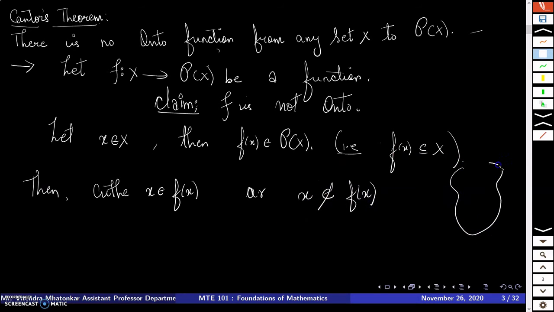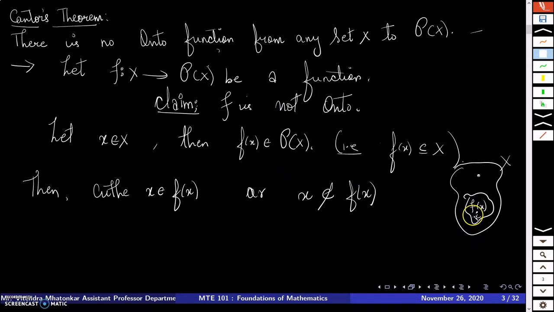Because I have the set X here and f of x is a subset of X, so it should be somewhere here. Now when I say small x is there in capital X, it could be either here or it could be here. Okay, one possibility is that it is here, outside f of x. The second possibility is that it is here, inside f of x.